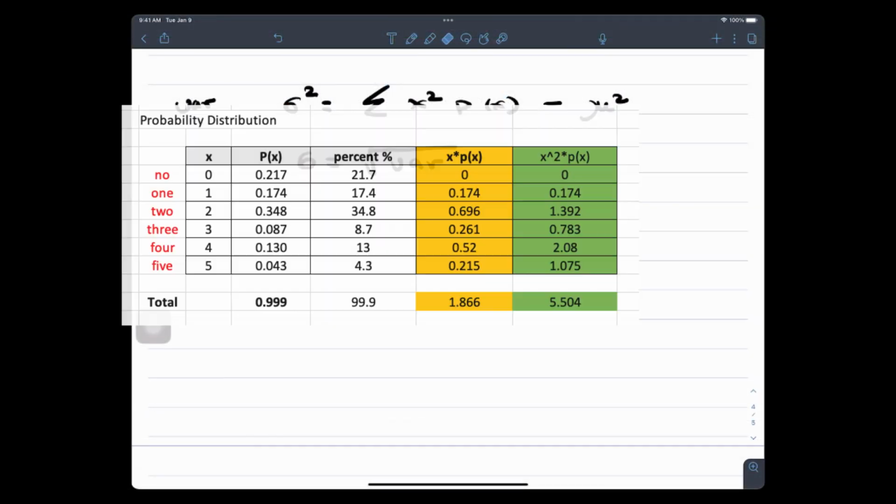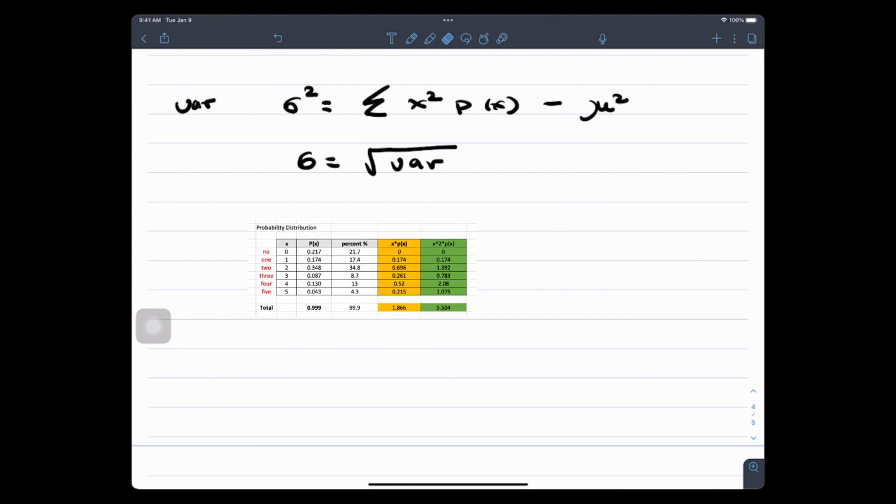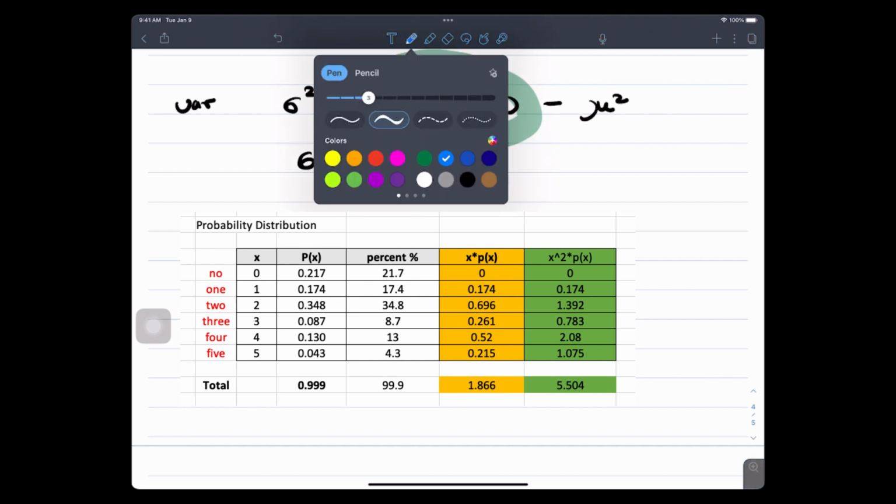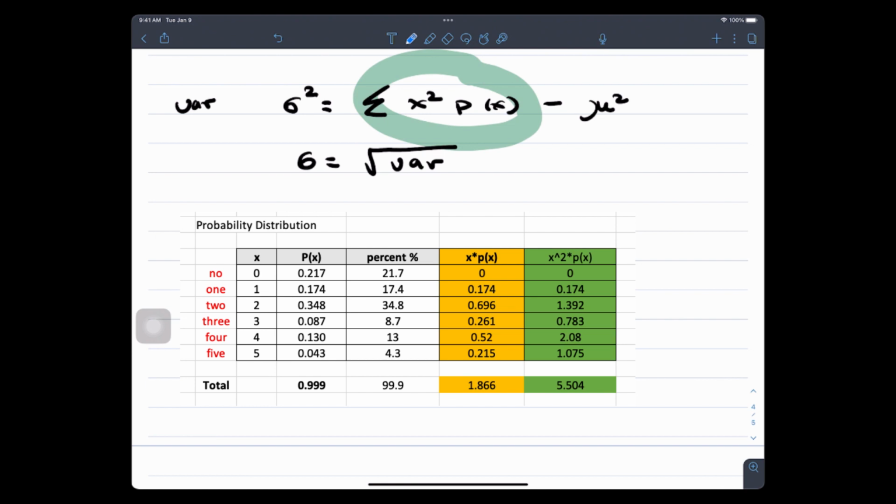I'm going to bring it in right in here. So I want you guys to see the details here. In green, I actually highlighted this in the wrong way. You see what I just found here? That's the green. What number is that? That's sum of X squared P of X. That is 5.504.